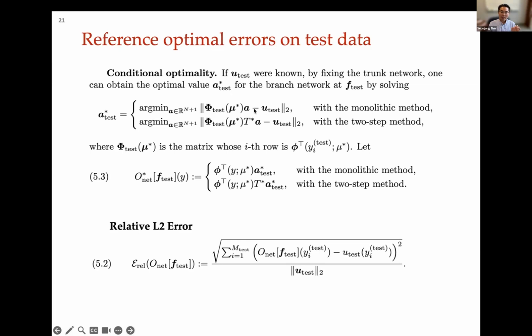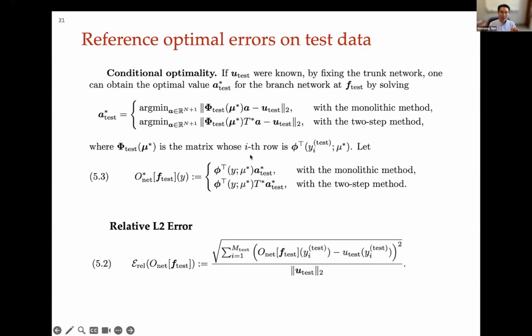Then we can solve the least squares problem to get the best least squares coefficients if U test is available. That least squares solution should be what the branch network is expected to predict when we plug in F test as an input.